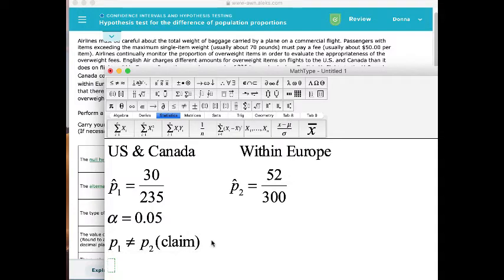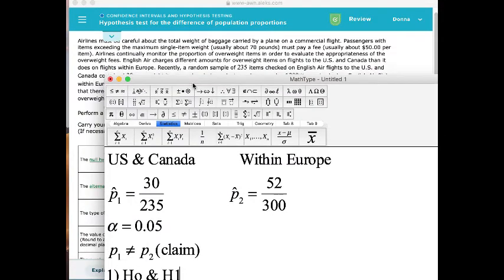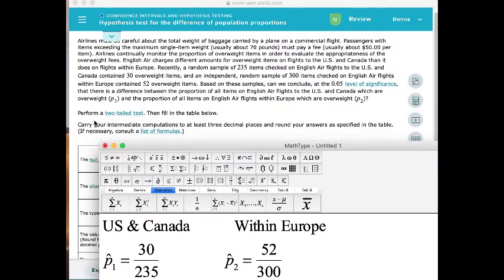So the first thing we want to do is write down the null and alternative hypothesis. We can see in the problem that whenever we have P1 not equal to P2, we know automatically that's going to be a two-tailed test, but ALEKS also says it too, perform a two-tailed test.